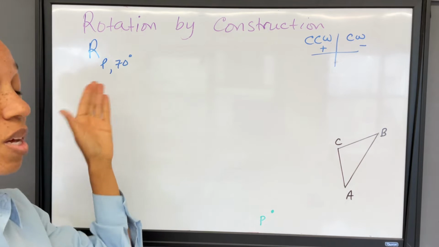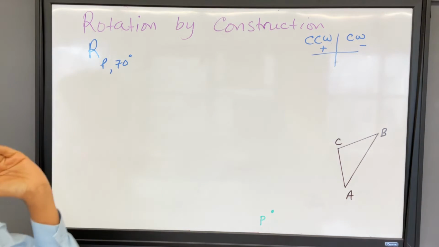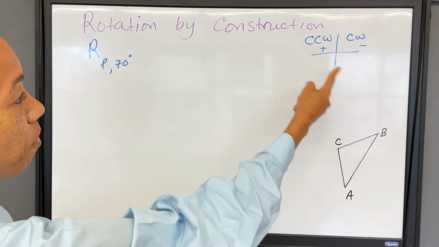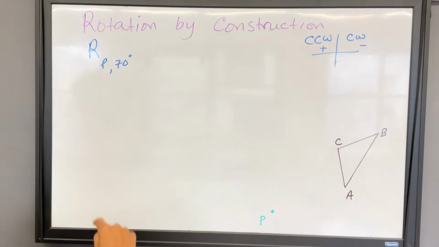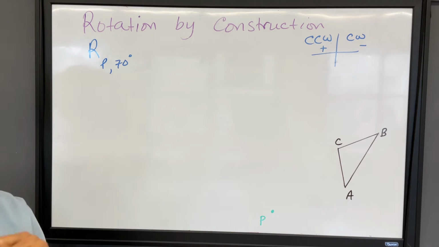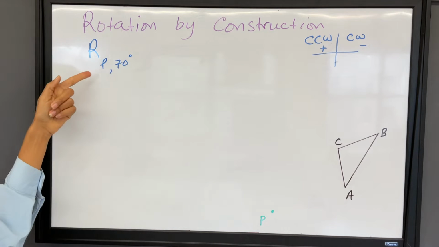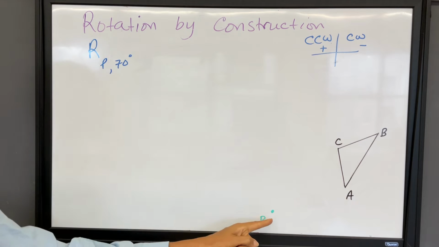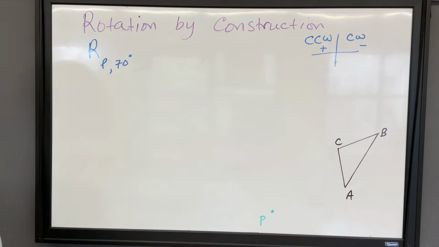Now I'm going to deal with positive degree, which is our counterclockwise, and so I am going to rotate my image this direction. This is the symbol that we use when we are talking about rotation, a capital R about point P. This is the point P you are seeing here, and we are going to do it 70 degrees.